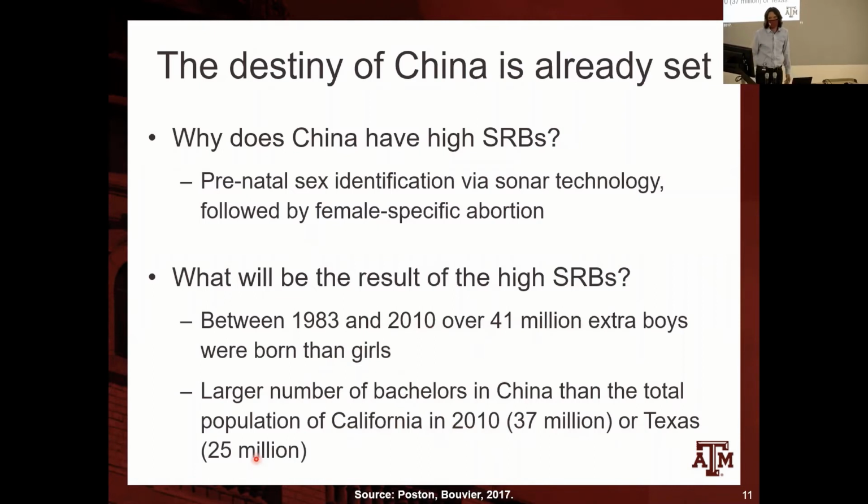So it's just to give you an idea of 41 million extra boys than girls. It's a lot of people. The total population of California in 2010 was 37 million. In Texas, 25 million. So you have all this extra population that, if they wanted, will not have partners to form families in their country.